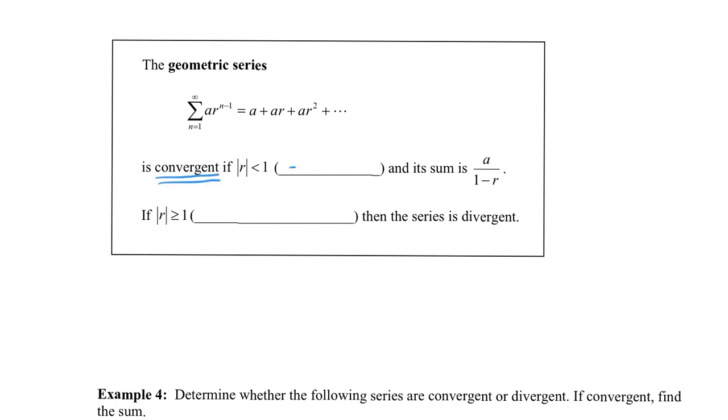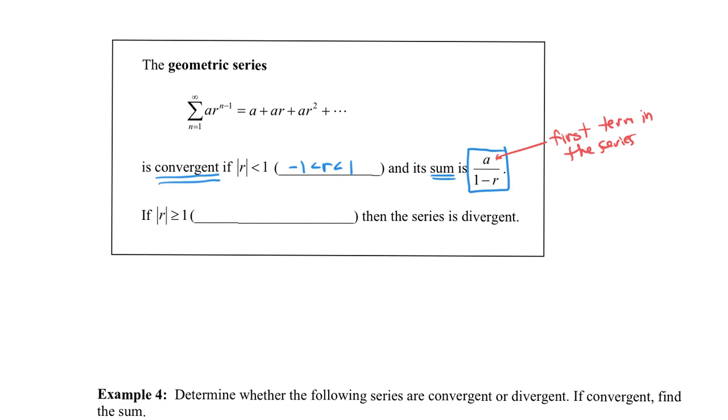In other words, if r is between negative 1 and 1. And we know its sum, right? We actually have its sum, which is nice. And let me point out this a. This a is the first term in the series.